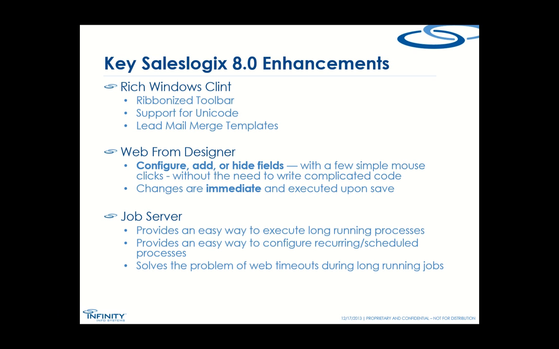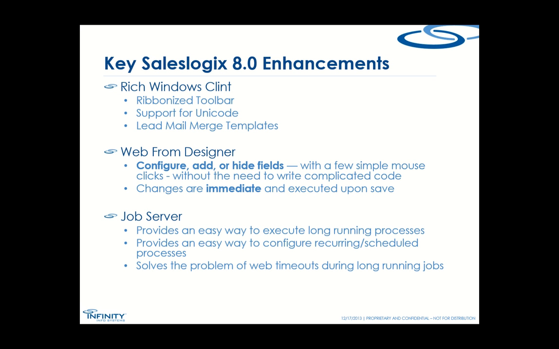And it takes effect immediately, so that way you can see what has changed and test it out while you're working. We're kind of excited about the job server. It's a way to offload those long-running processes off of the client and put them onto the server, and then let the user know that the report that they've run is now ready, or if they've done some sort of export or custom job that takes a long time.